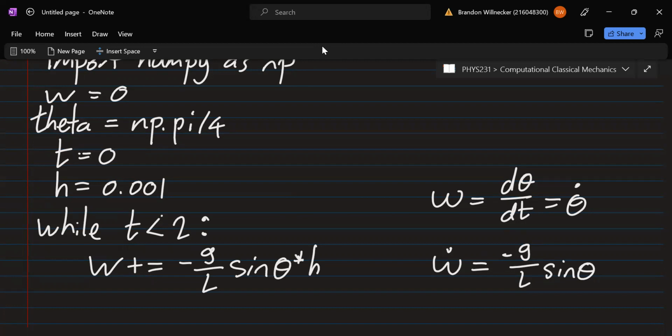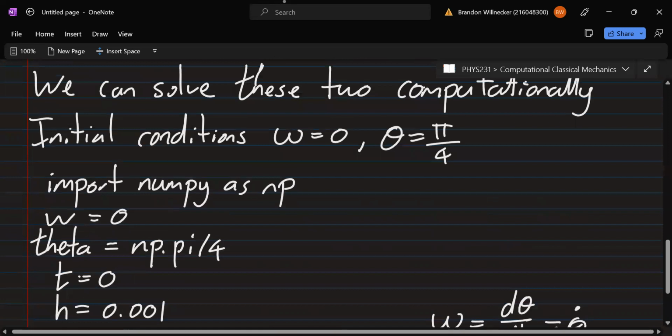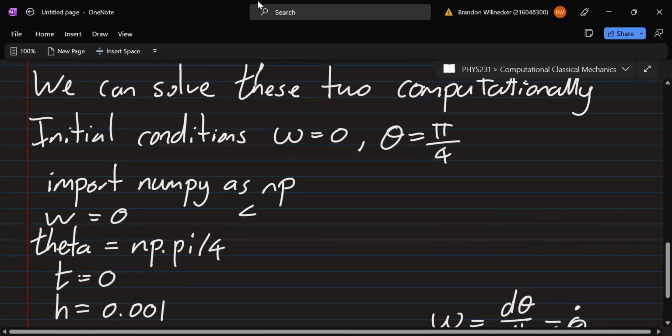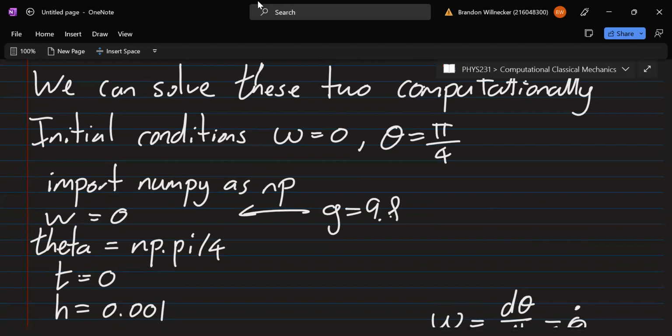Times h. Oh, sorry, I'm writing theta. That should be np.sin theta. Then this g and L, we can just define up here, maybe just squish it in at the top. G is 9.8, and L, let's say, is 1 meter.